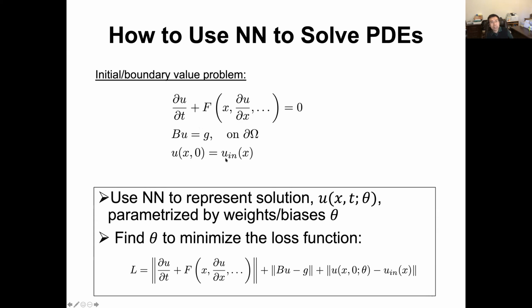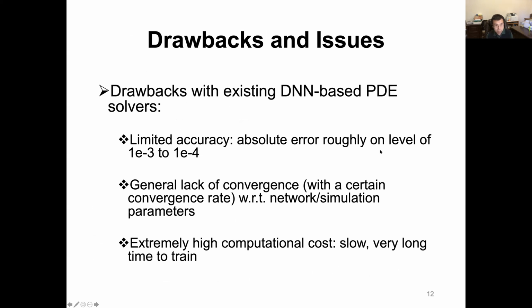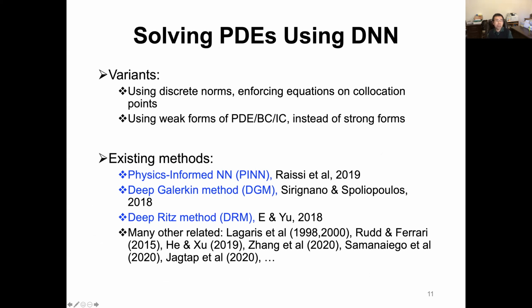So the PDE solution problem is transformed into a minimization problem, and then we can use an optimizer to find the parameters. That's the idea for solving PDEs. There are, of course, many variants. For example, we can use discrete norms, or we can use the weak forms of the equation, etc.